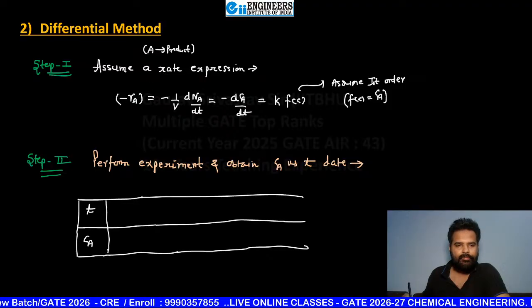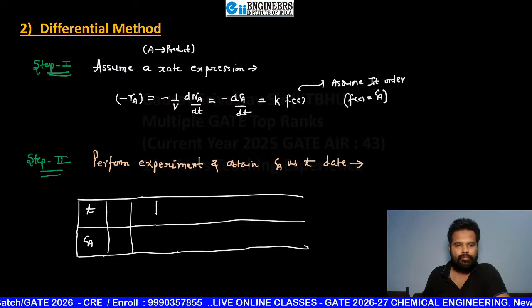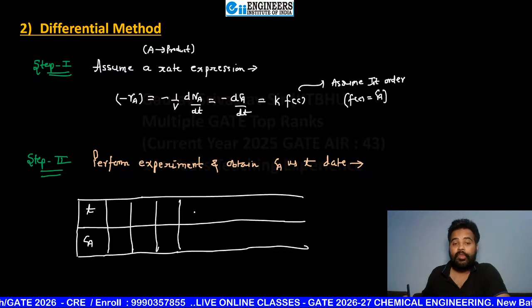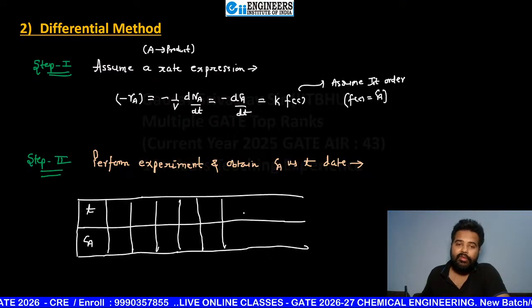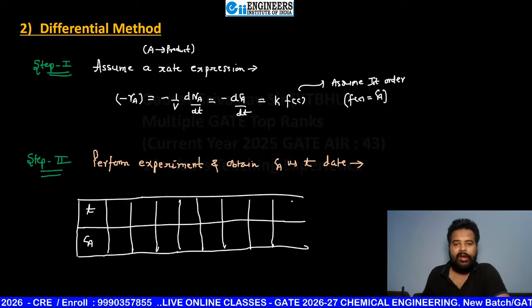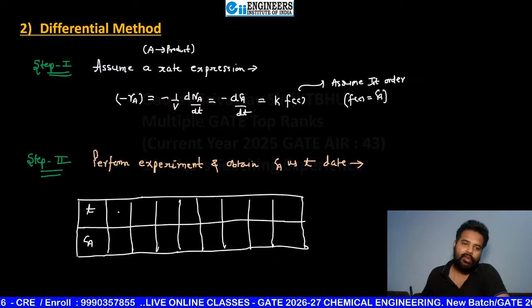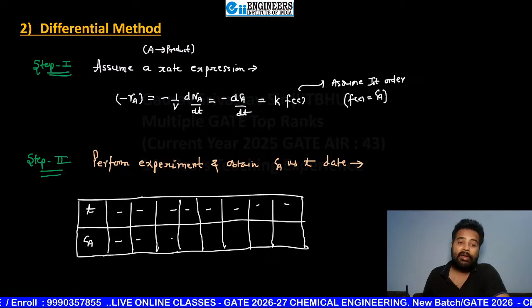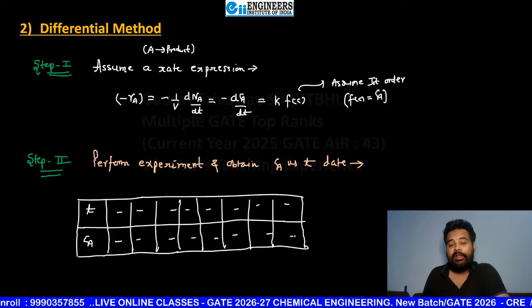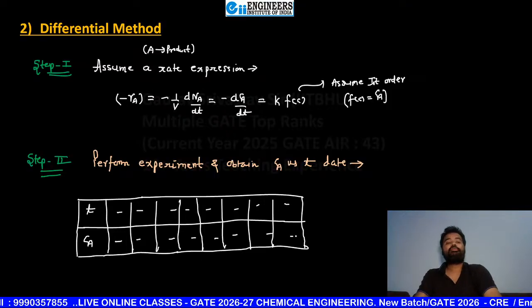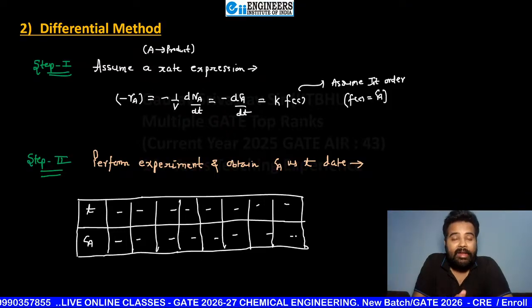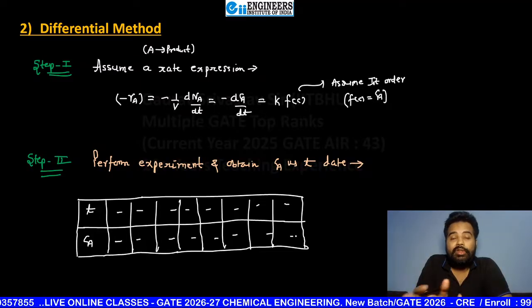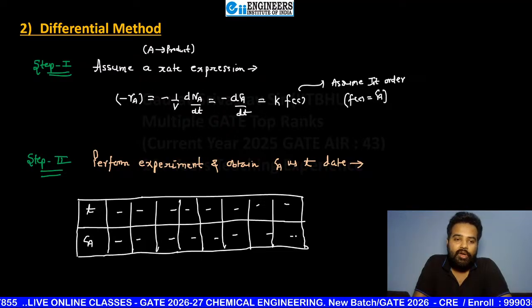Now, previously, for the data that you write, maybe the interval you could use was a little bit large, but in case of the differential method, the time interval in which you note the concentration value should be very, very close.